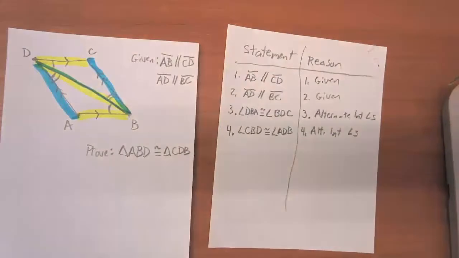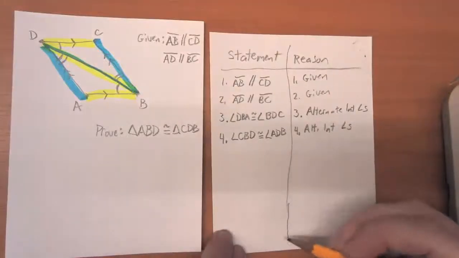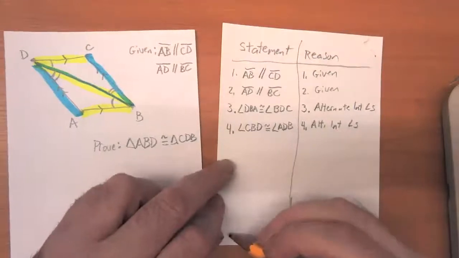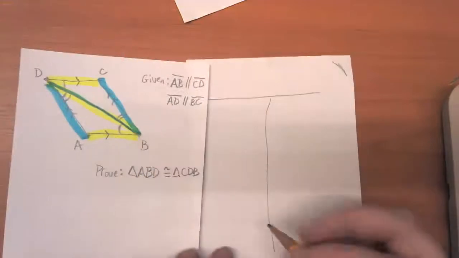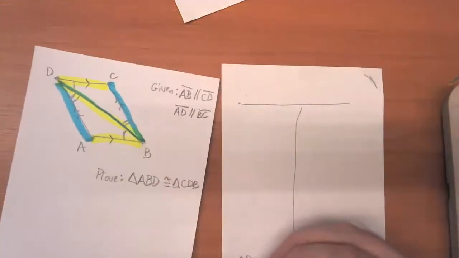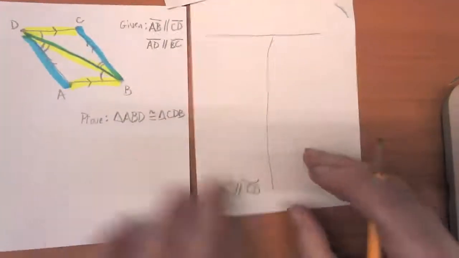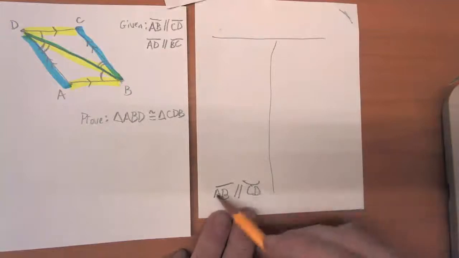There's another case when you can use alternate interior angles, and that is when at the bottom of a proof, you need to prove that two sides are parallel to each other. So maybe I had a proof, I don't have an example of it here, but let's say that the purpose of this proof was to prove that AB was parallel to CD. So I need to come up with some reason to justify that these two sides are parallel.